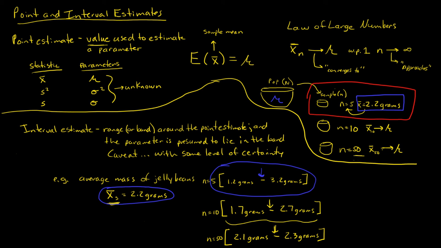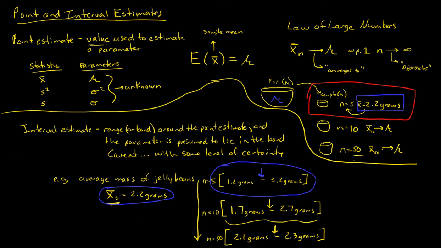So what you saw is as sample size increased, the width of my actual interval decreases, right? That makes a lot of sense: as you gather more and more data, you're going to be more and more precise in how you can estimate the actual mu value, or the actual population value. And so this introduces the concept, at a very high level, of what a point and an interval estimate is.